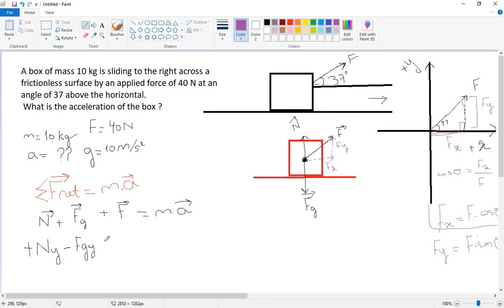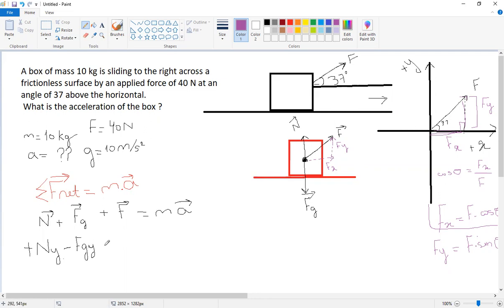Now we will continue. Instead of writing F, we will write Fy and Fx. Fy is pointing in the upward direction along the y, right?